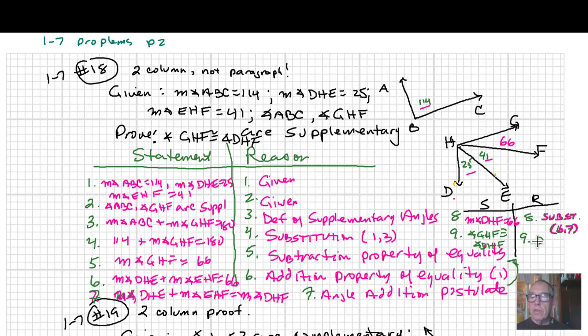And that's the definition of congruent angles. And we're using step 5 and step 8. Okay, so there may have been another way to do this, but this is the path that it seemed to follow to prove that.